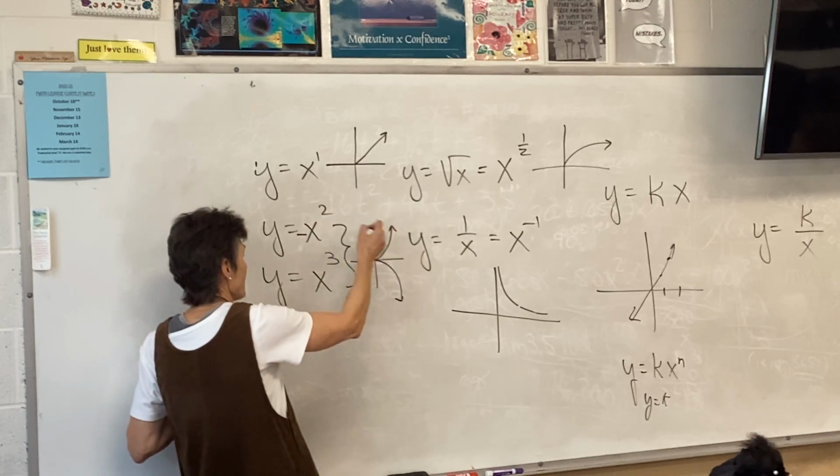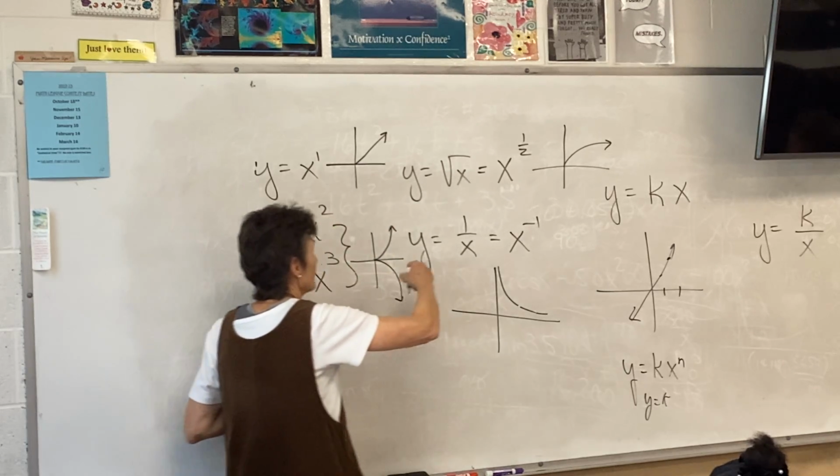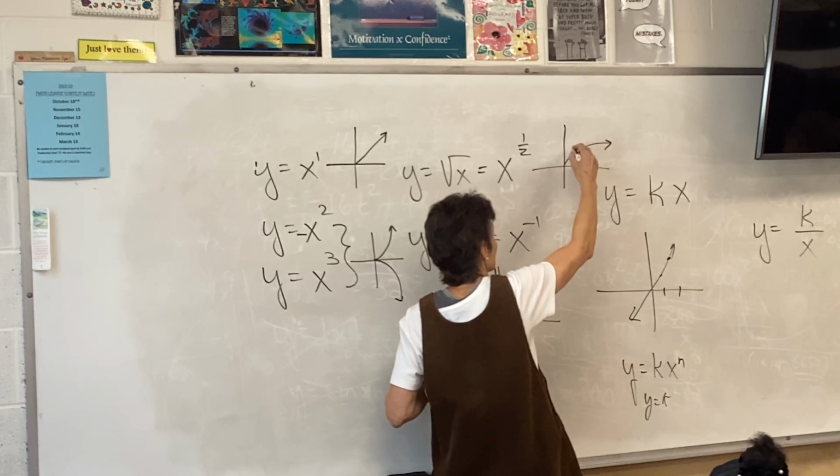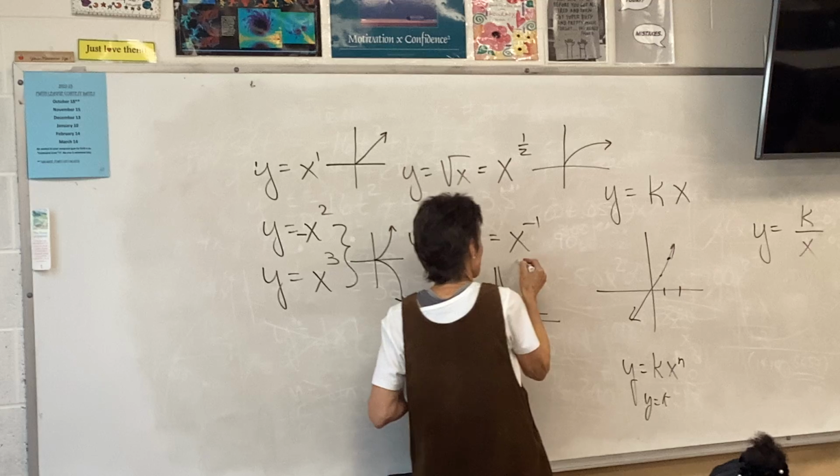Remember, this is the shape if it's bigger than 1. This is the shape if it's between 0 and 1. And this is the shape if it's negative.